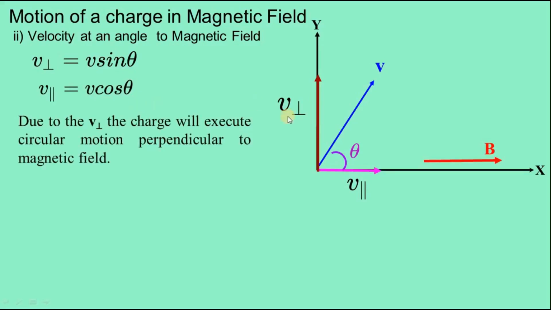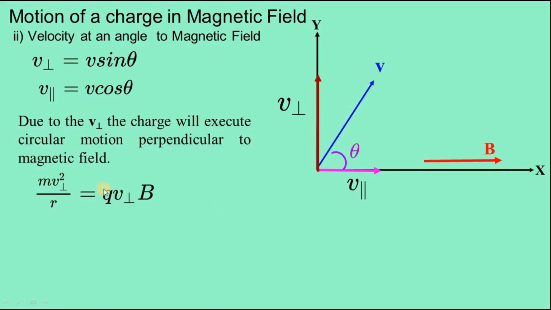Since v perpendicular is perpendicular to the magnetic field, the charged particle will execute a circular motion in a plane perpendicular to the magnetic field.